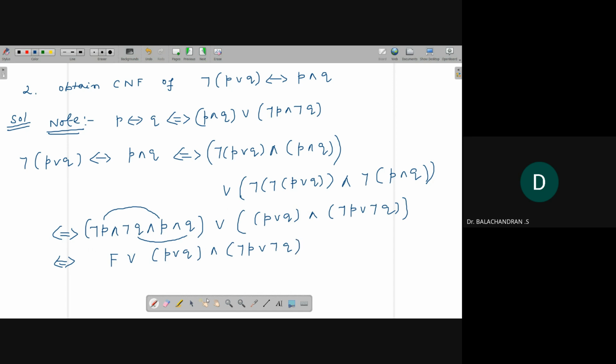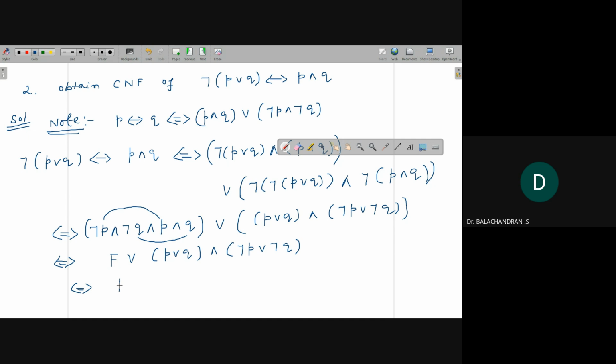So we know that F or P is what? P. So this is equivalent to P or Q and negation P or negation Q. So again, this is what?